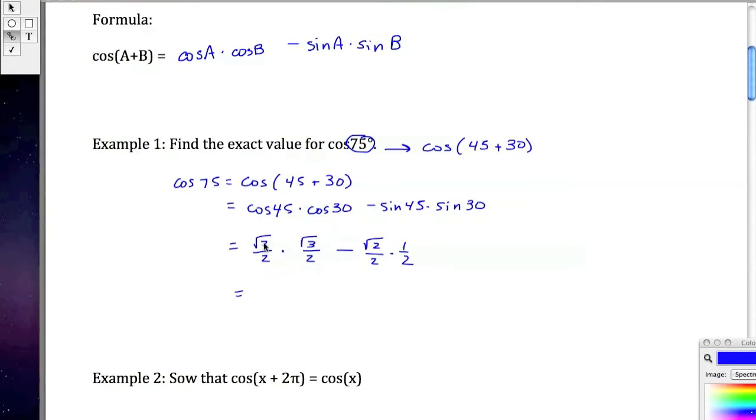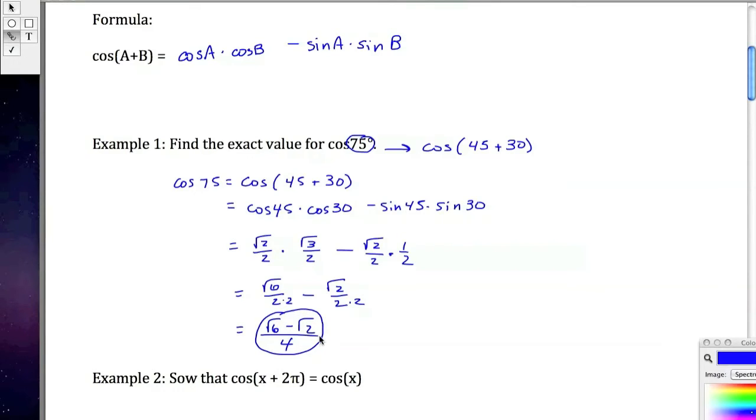Square root of 2 times square root of 3 would be square root of 6 over 2 minus square root of 2 over 2. Keep my denominators here, because remember this is 2 times 2, this is a multiplication sign. So I'm going to have a common denominator of 4, and I'm going to have square root of 6 minus square root of 2, and this is my answer.